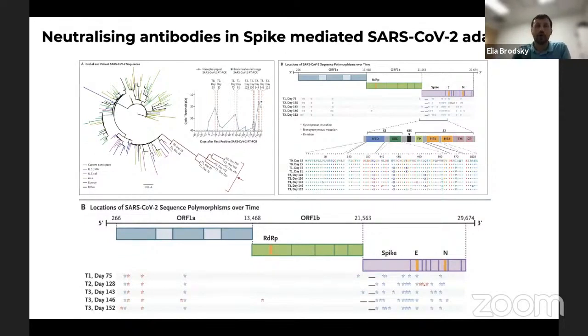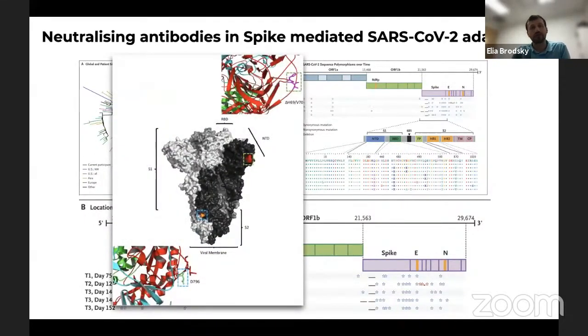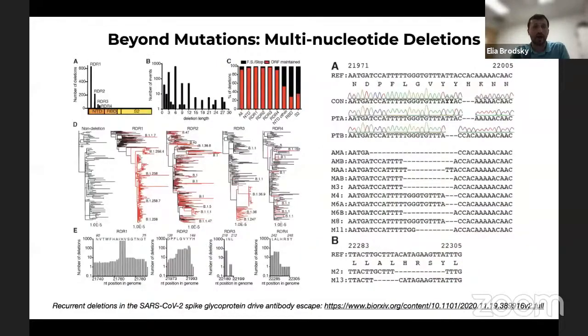So we will talk about all of these aspects in the program and try to link the information that is being reported in the specific types of publications that also goes beyond these individual point mutations, but also talks about deletions, and also multinucleotide changes that are observed in these sequences. This is an important part of information that is present in this genomic data, but is not as often reported or spoken about as prominently as we hear about point mutations that might have a consequence on the protein structure.